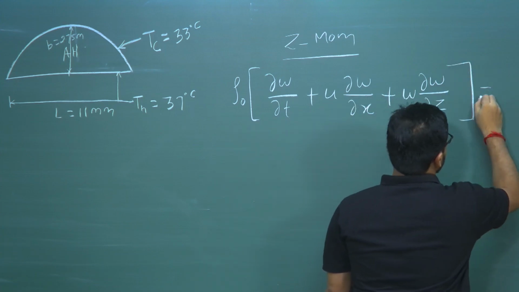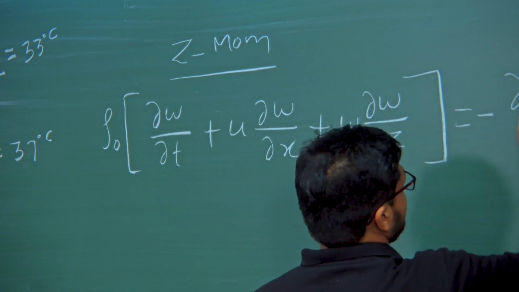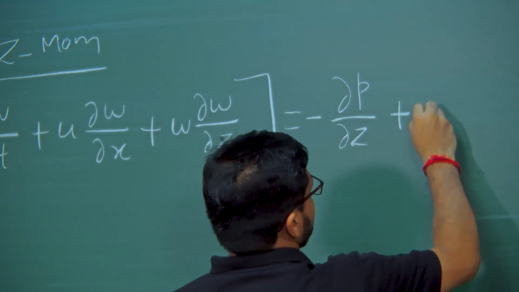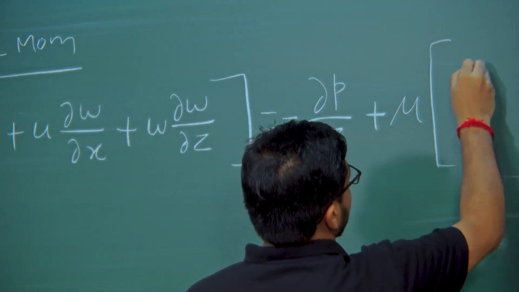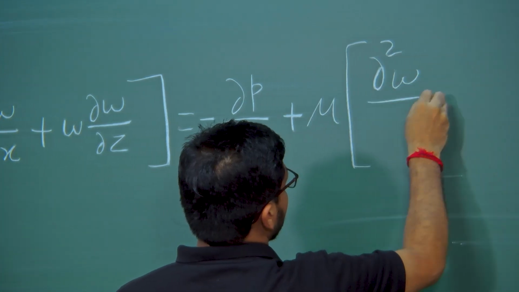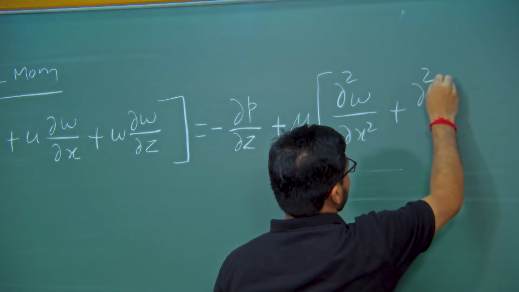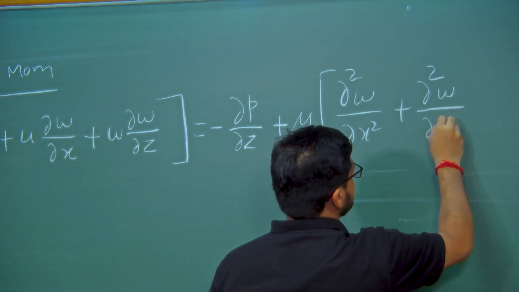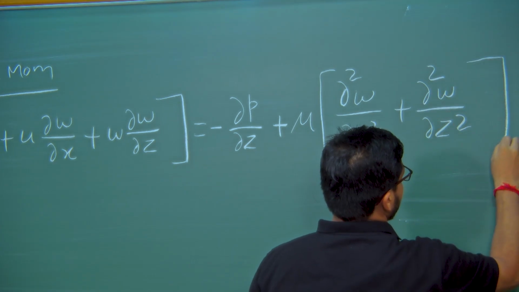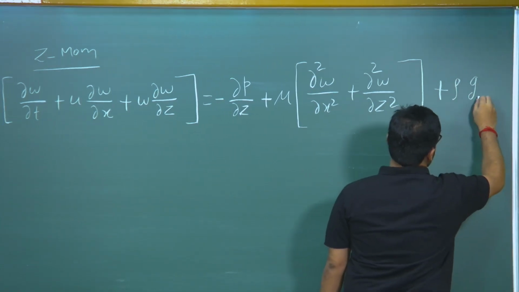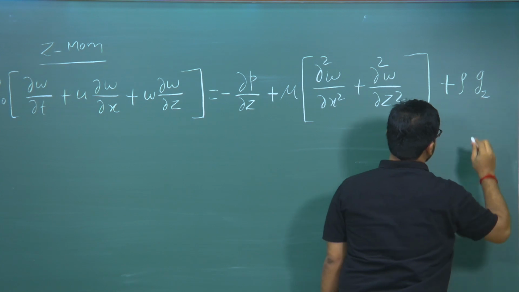This is equal to minus dou p upon dou z plus mu times dou square w upon dou x square plus dou square w upon dou z square, plus rho times g, and this g is in the z direction. So, I will write g z.